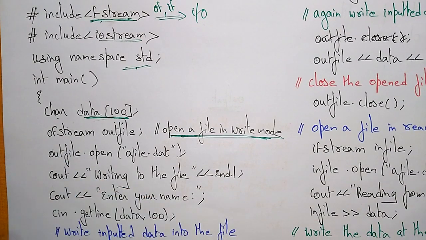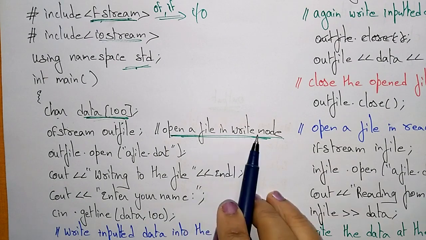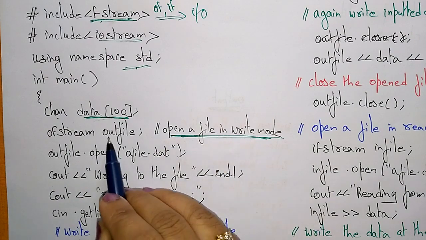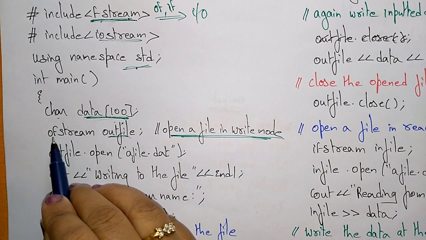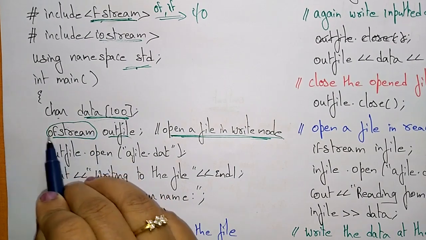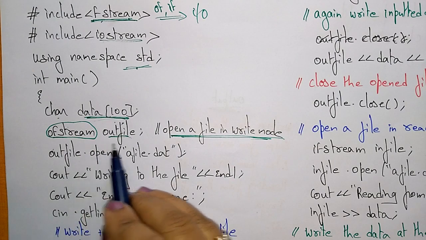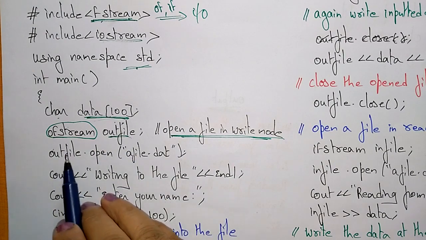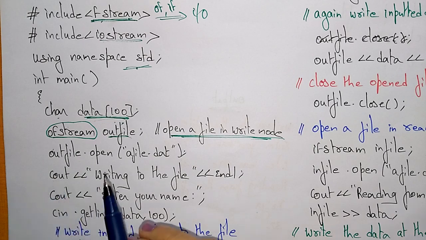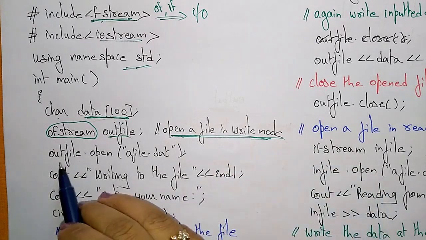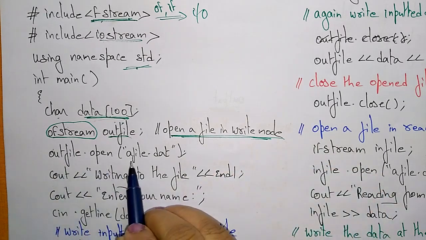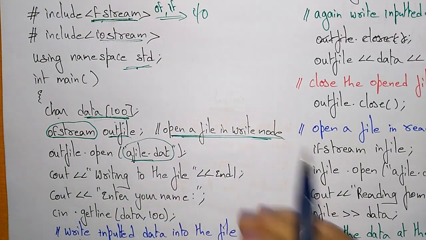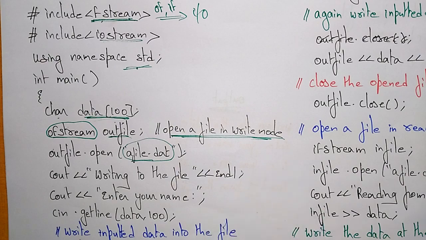Write mode means obviously it is an output file, so ofstream is used for writing. outfile is the object I declared for ofstream. Whatever operation you are doing, first you have to open the file. outfile.open("afile.dat"), where afile.dat is the name of the file where the data will be stored and from where the data will be read.